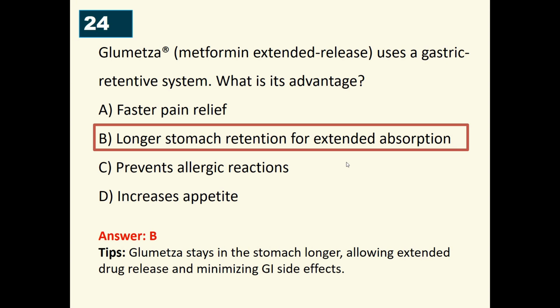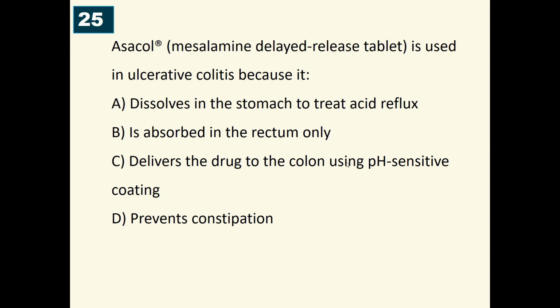Here is the last question of this test. Asacol, a brand name mesalamine delayed release tablet, is used for ulcerative colitis because: it dissolves in the stomach to treat acid reflux, it absorbs in the rectum only, it delivers the drug directly to the colon based on a pH sensitive coating, or it prevents constipation.